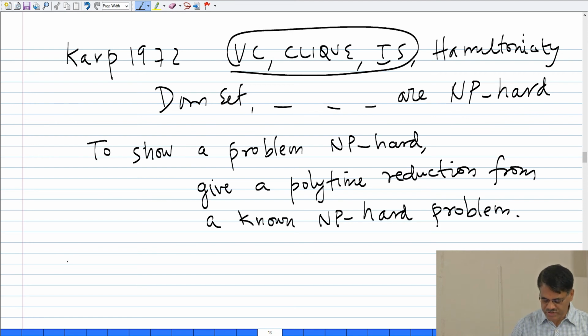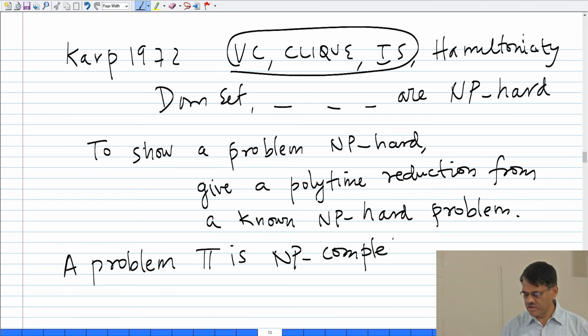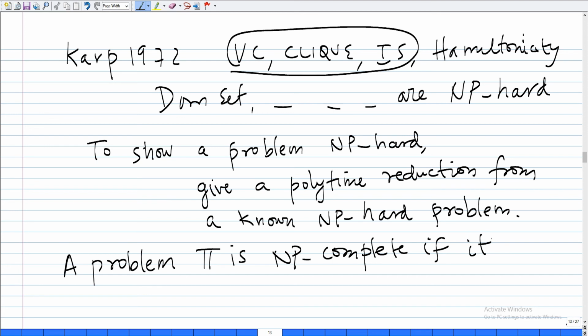And finally, let me stop with defining this class of problems: a problem is NP complete if it is in NP and NP hard. So NP hardness is just to give you some leverage for problems which are not in NP also, as they can get reduced from every problem in NP.